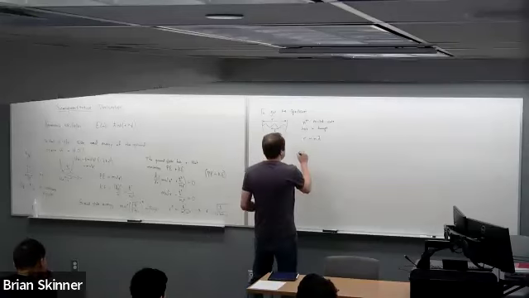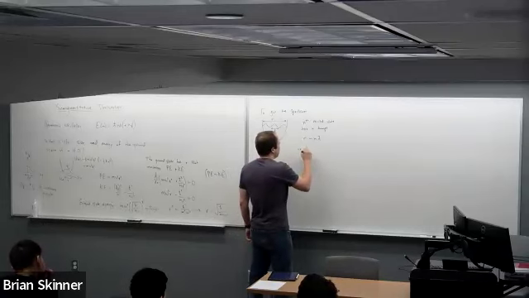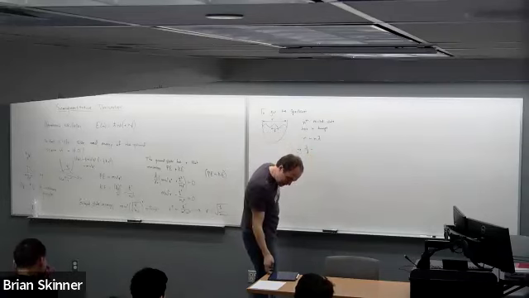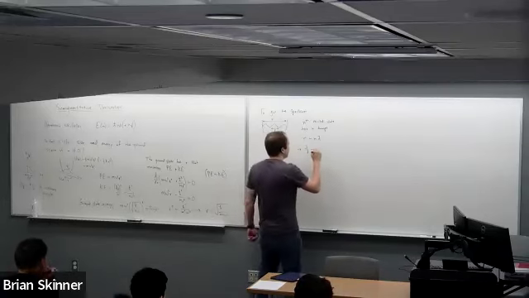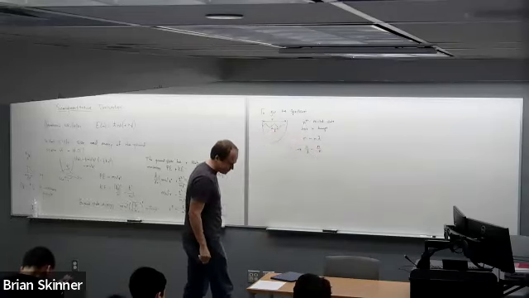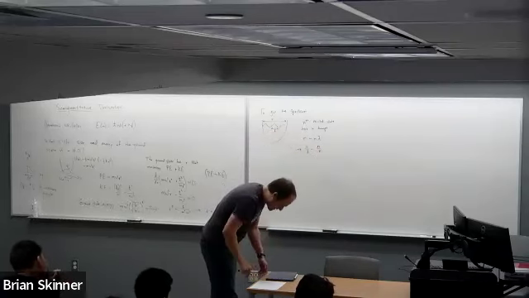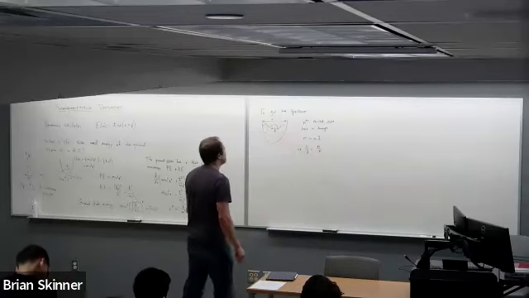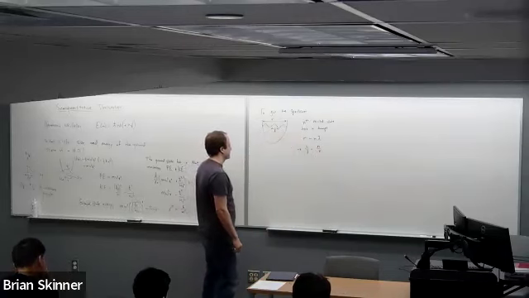So now let me write this as 1 over lambda is, sorry, I can't do algebra in front of people. n over r. Okay, actually in the notes I kept a factor 2 for some reason.